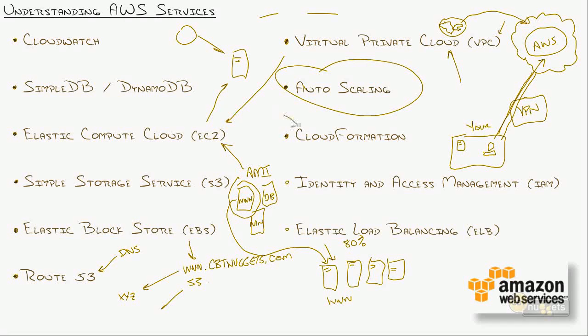But with CloudFormation, I can create, get this, a template of templates. So maybe I know that to run a full-blown site for my business, I need 2 web servers, a Windows server, and a pair of database servers. Well, I can create that using CloudFormation.